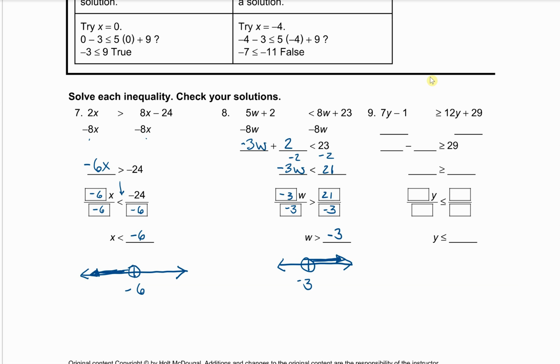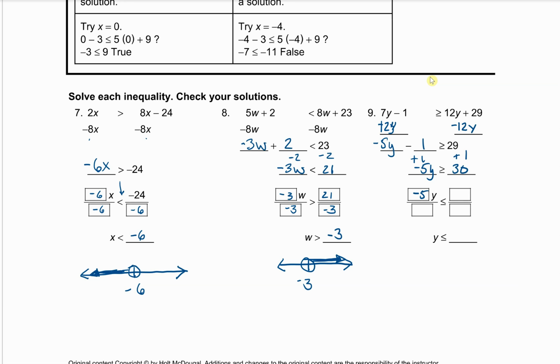7y minus 1 is greater than 12y plus 29. All right, I'm going to go with their flow here, and I'm going to subtract 12y from each side. So that's going to give me negative 5y minus 1. It's a y, trust me. So that means I'm going to add 1, and I get negative 5y is less than or equal to 30.